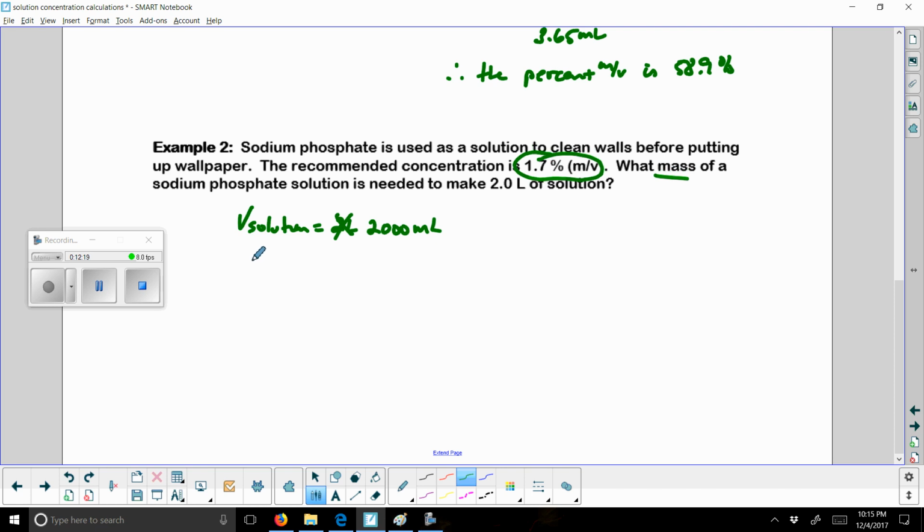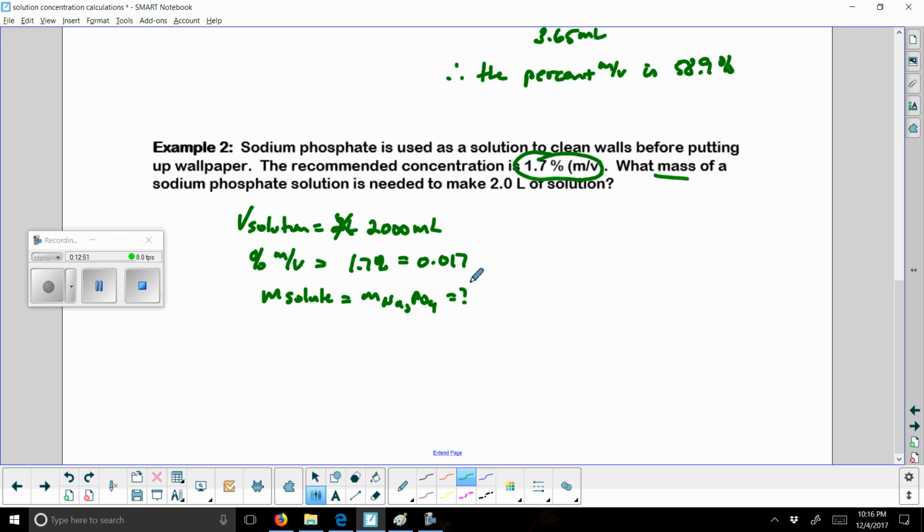I know the concentration, so the percent concentration mass volume is 1.7%, which we're going to rewrite as 0.017. And I want to figure out what is the mass of the solute that I have to add. That's the mass of the sodium phosphate, which I don't know.